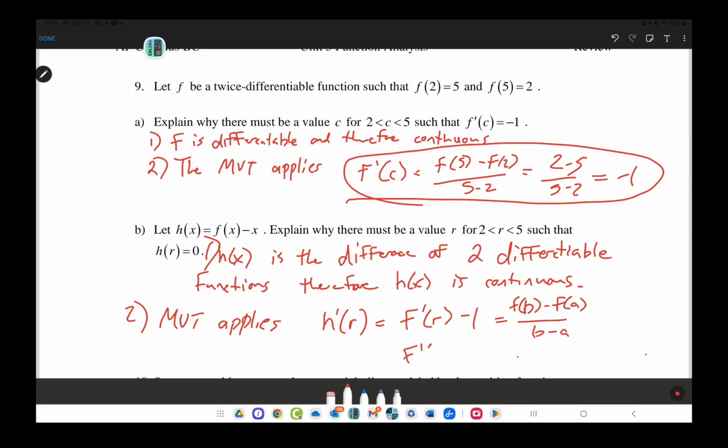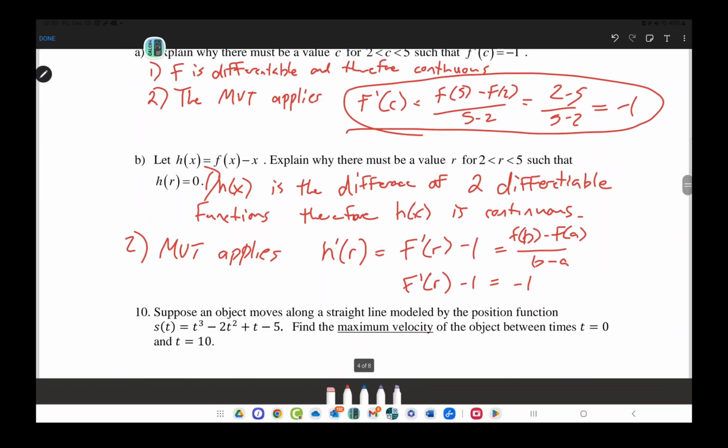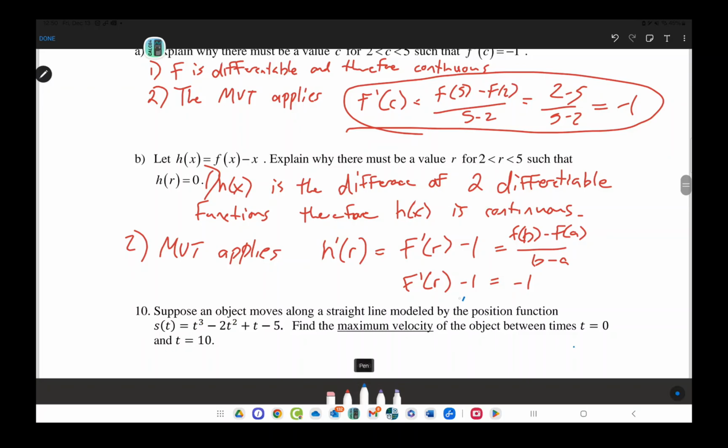So f prime of r minus 1 equals negative 1, which you can add the 1 to get 0.